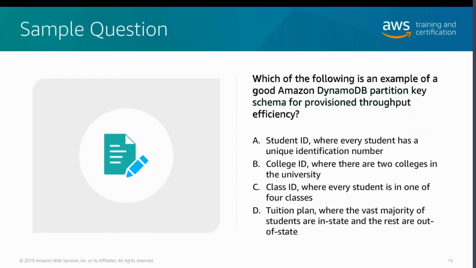So a sample question for this one is, which of the following is an example of a good DynamoDB partition scheme for provisioned throughput efficiency? So this is testing our knowledge of good partition key schema, where if you remember, the partition key is kind of our unique value.